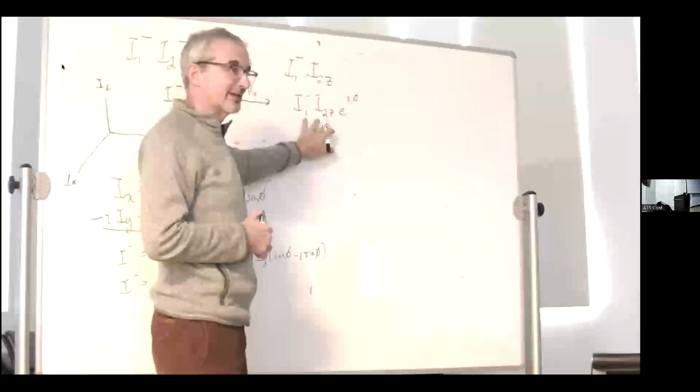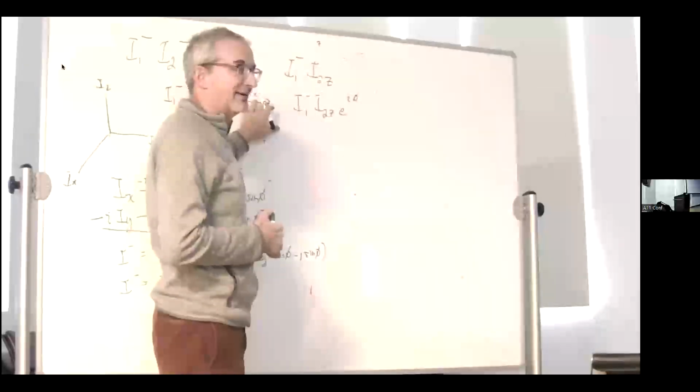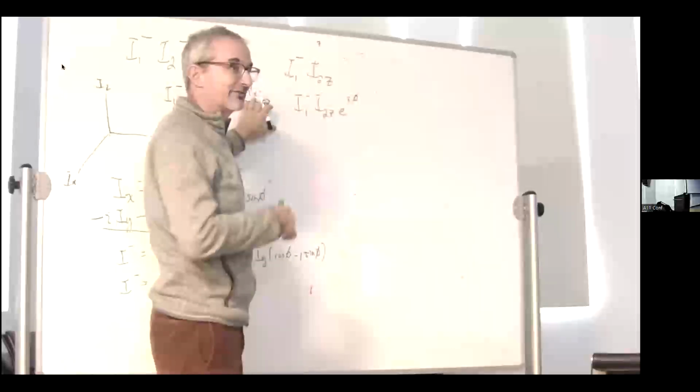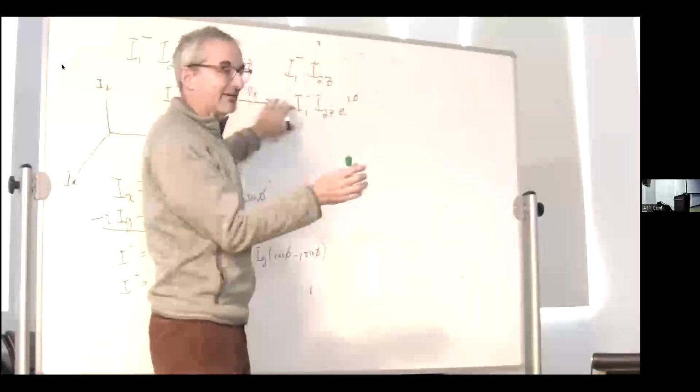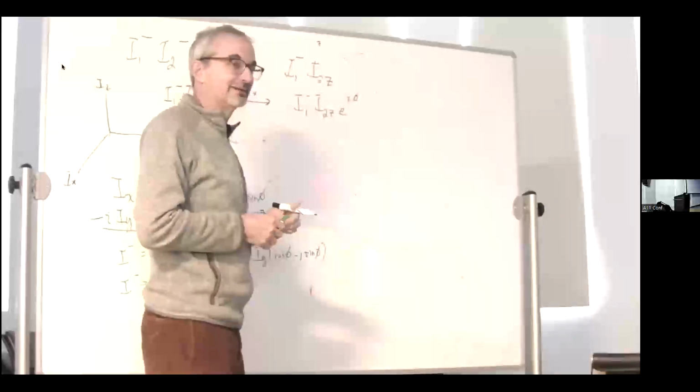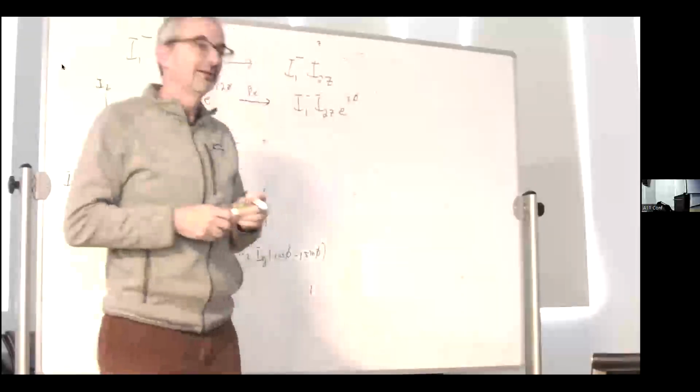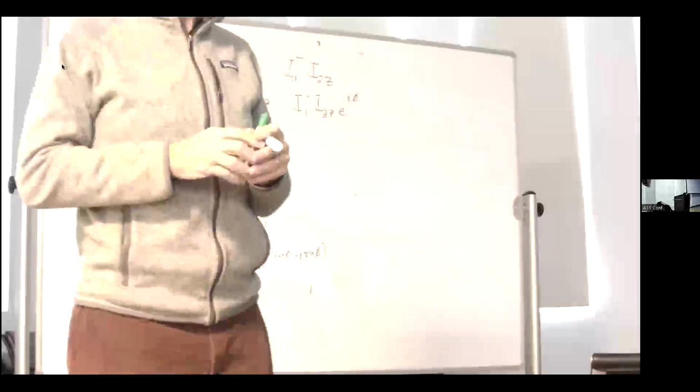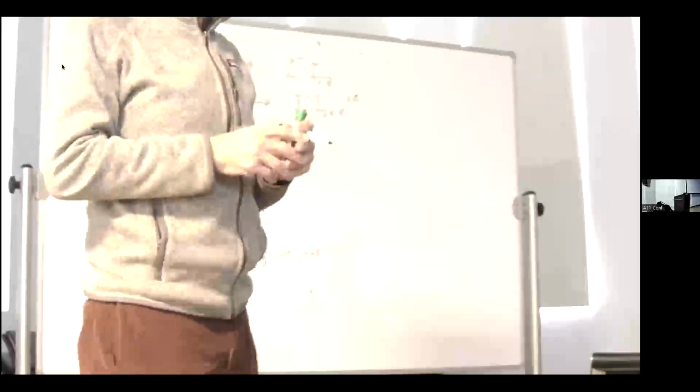And when I'm in this X frame, I'm going to get the result for rotation in X. And then I have to undo the first rotation to get back to my original frame. And so minus phi, beta x, and then plus phi.